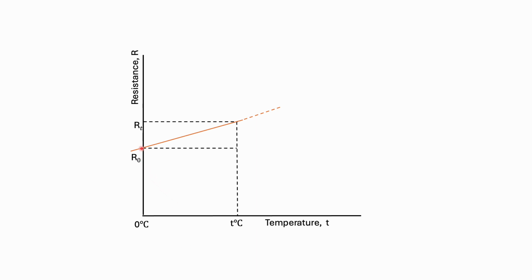From here, this is the resistance at 0 degree Celsius, and this is a certain point. It could be any temperature above 0 degree Celsius. Suppose this is 100 degrees Celsius. So we are dealing between this range.